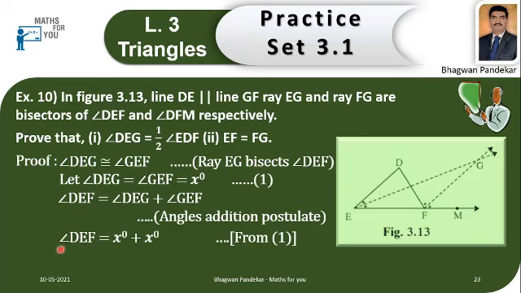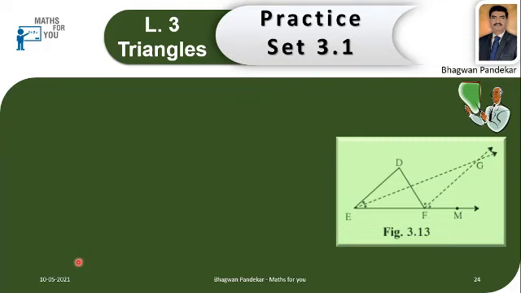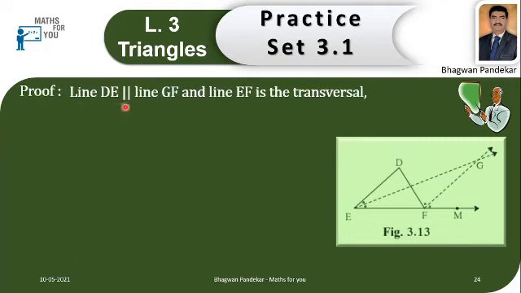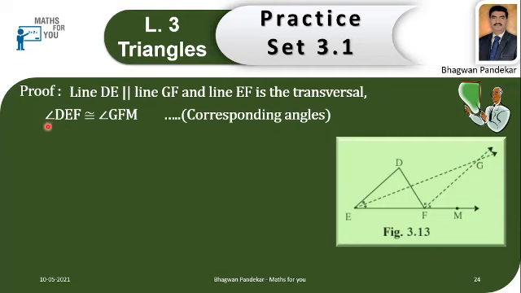Therefore, angle DEF is equal to x degree plus x degree from equation first. Therefore, angle DEF is equal to 2x degree. Equation number 2. Line DE parallel line GF and line EF is the transversal. Therefore, angle DEF congruent angle GFM.